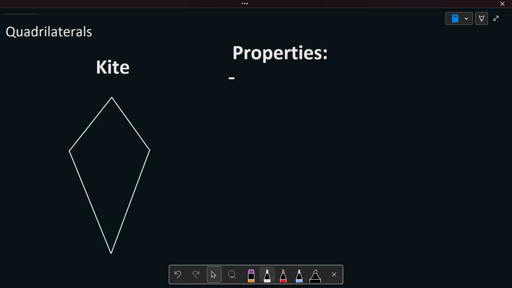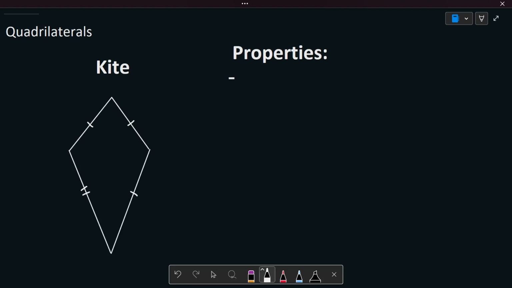So our second last quadrilateral that we're going to be working with, and the last one is actually a special one. I wanted to save that for last, so I can explain what on earth is happening with quadrilaterals. But for now, let us go over the kite. So let's look at the sides. The sides that we are comparing are these adjacent sides over here. And if you remember, adjacent just means the sides beside each other or next to each other.